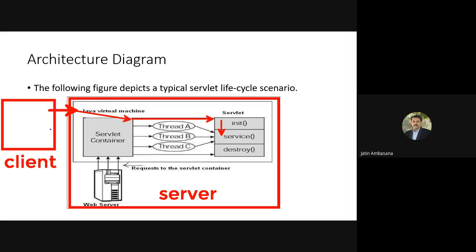For the next requests, coming from the same client or from different clients, let me show it like this: this is from another client, this is also from another client. For each new request that is sent to this servlet container, it will generate a new thread, and that thread will be given to the service method.